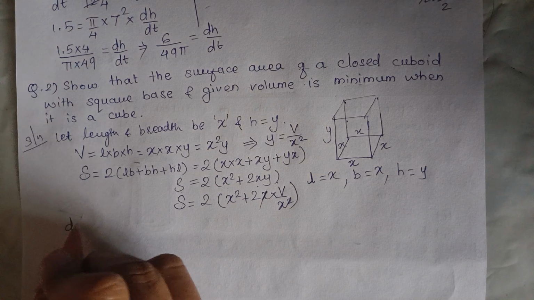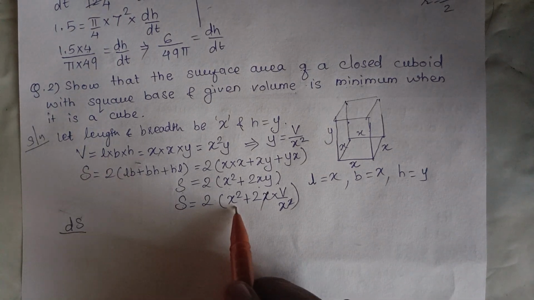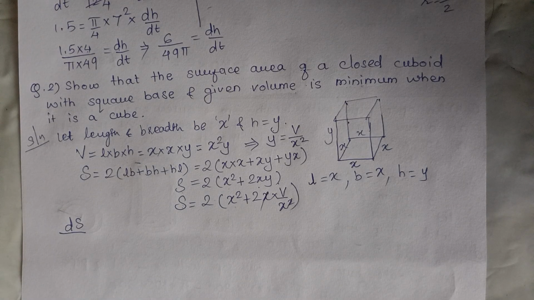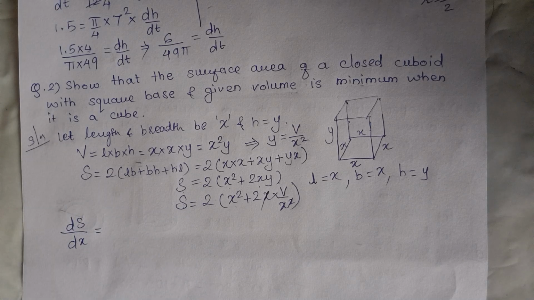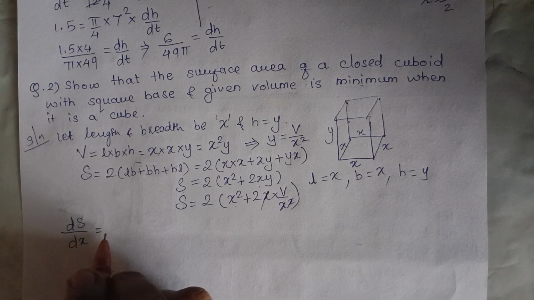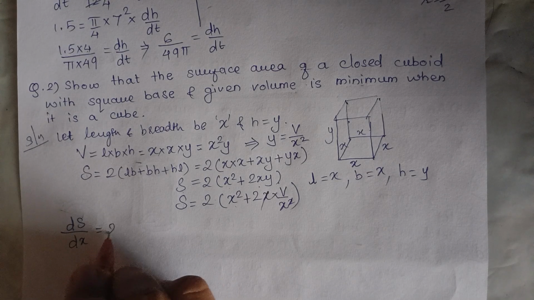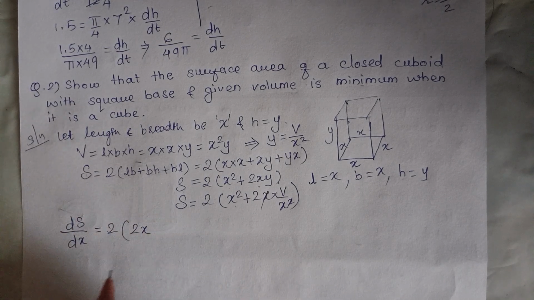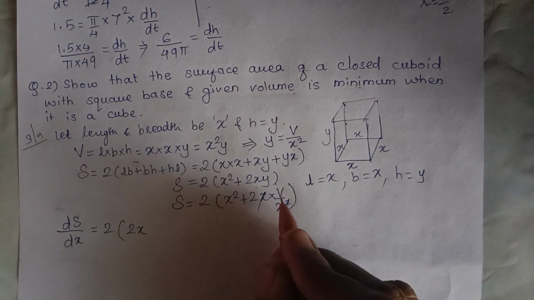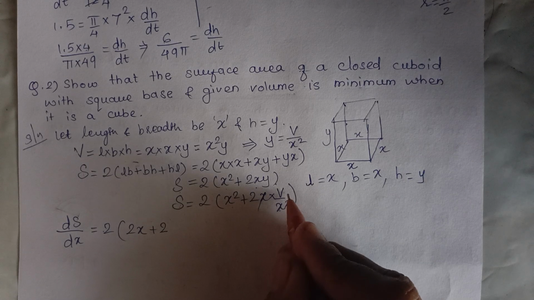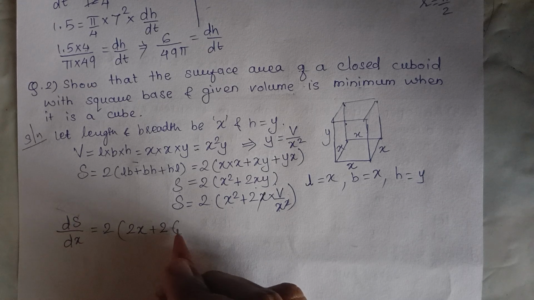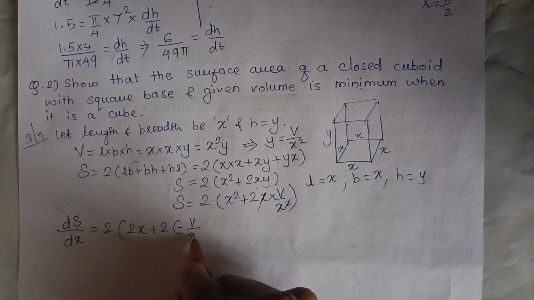Now we have to differentiate with respect to x because we want the value of x. So the change in surface area when x is changing. So this becomes 2 x square is 4x. V by x means this will be x raised to minus 1, so the derivative of x raised to minus 1 is minus V upon x square.